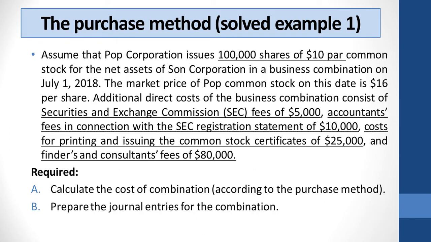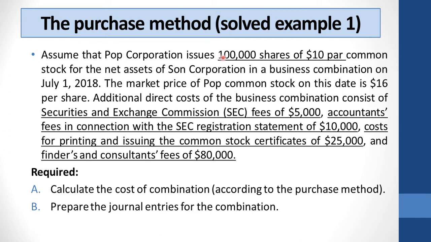Let's have an example to understand the purchase method. Assume that POP Corporation issued 100,000 shares of $10 par common stock for the net assets of Sun Corporation. So this means that POP will be the combiner and Sun will be the combinee. POP Corporation wants to acquire Sun Corporation.